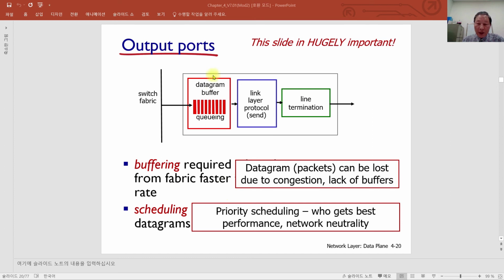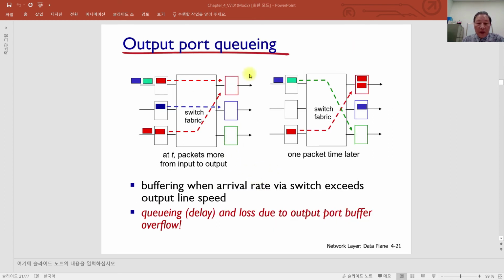But normally, as I mentioned already, we are using the FIFO scheme. This explains output port queuing. Here, let's focus on this: buffering when the arrival rate via the switch exceeds the output line speed, and queuing delay and loss due to output port buffer overflow. If the buffer is not enough, then the datagram cannot be stored there, and it will be dropped, overflowed.